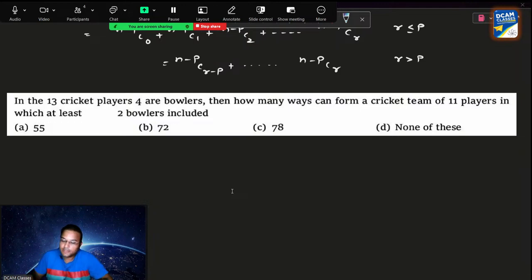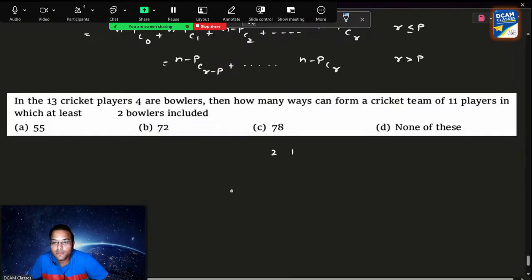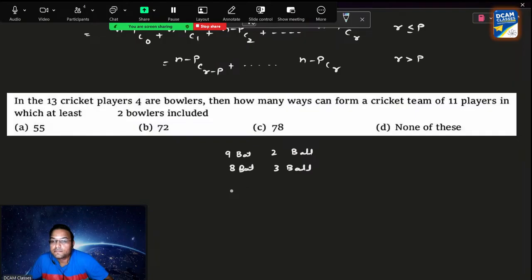At least 2 means the possible things are 2 bowlers and 9 batsmen, 3 bowlers and 8 batsmen, 4 bowlers and 7 batsmen. These are 3 cases.